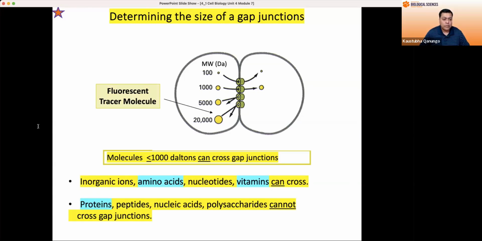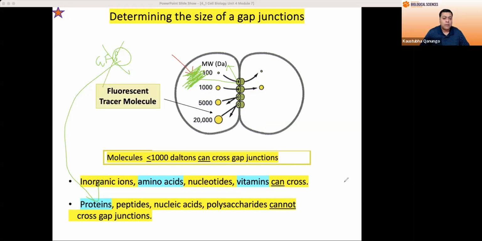A typical question we can ask is, say we injected green fluorescent protein right here, and after some time we stimulated the cell. What will essentially happen? Suppose this cell was green. Remember that no matter what, this will not be able to go through the gap junctions, because GFP, green fluorescent protein, is a protein, and it will not pass through.